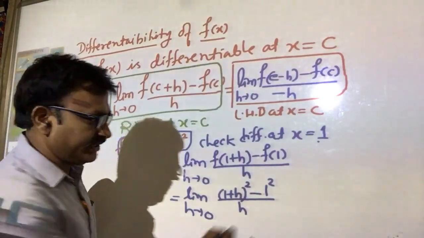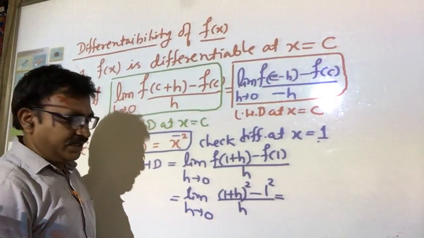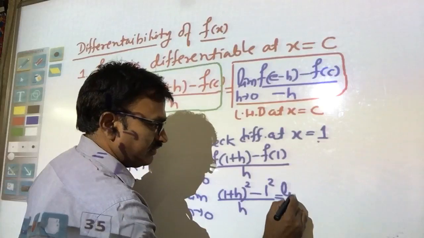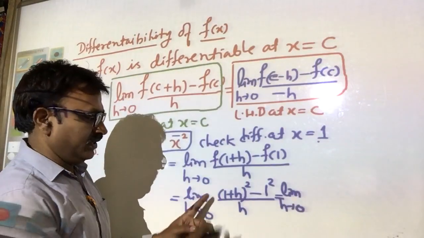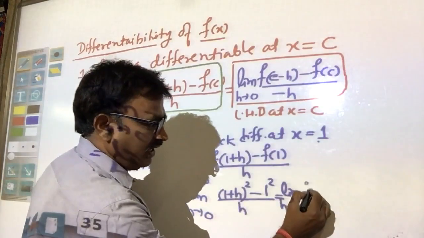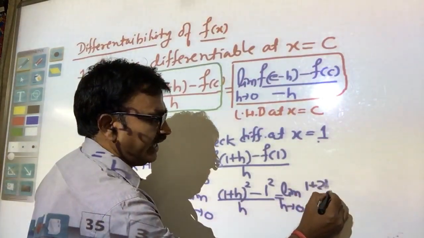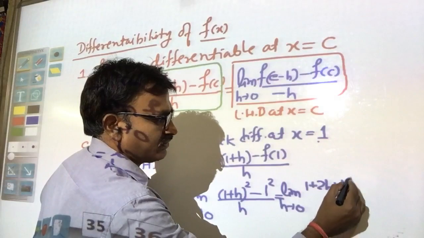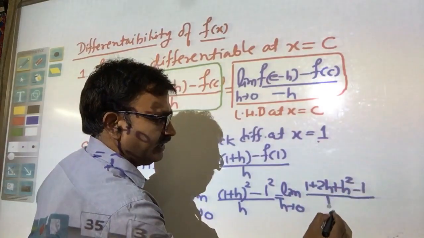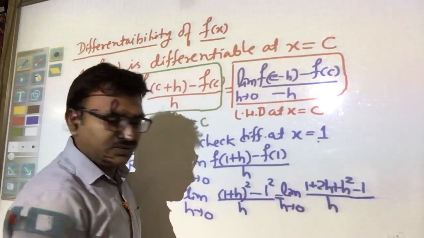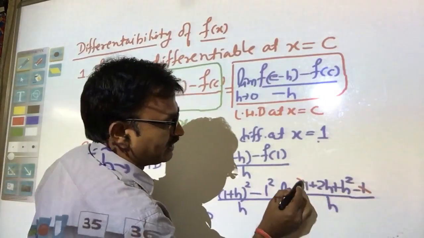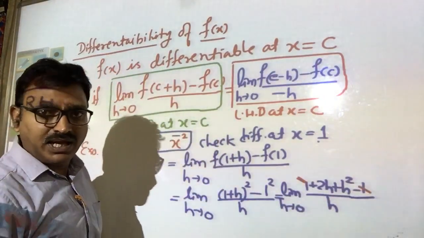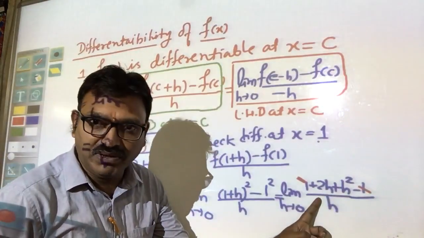So we will calculate it very easily. When we calculate it, limit h tends to 0, (1 + h) square is 1 + 2h + h square, minus 1, divided by h. So 1 cancelled by 1, and h will be common.